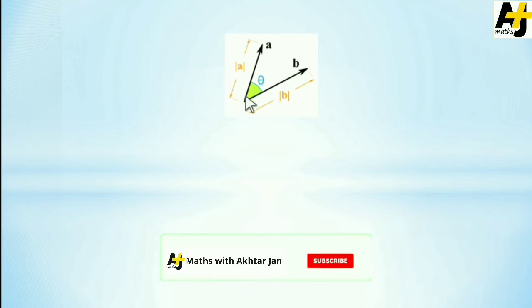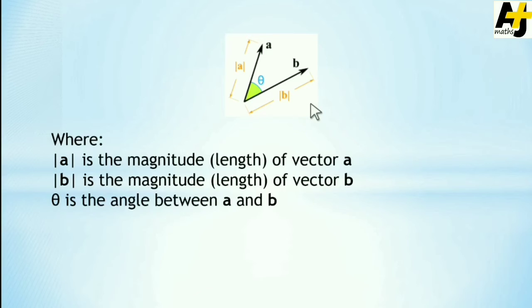Look at the figure here. These are two vectors, the first one is vector a and the other one is vector b. They make angle theta. The orange one has magnitude a and the other has magnitude b, where |a| is the magnitude, the length of vector a, and |b| is the length of vector b.